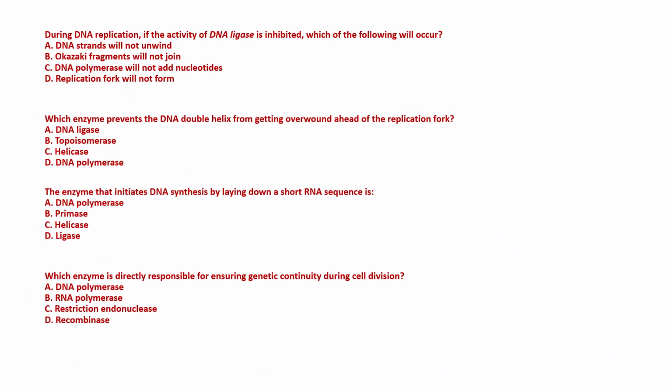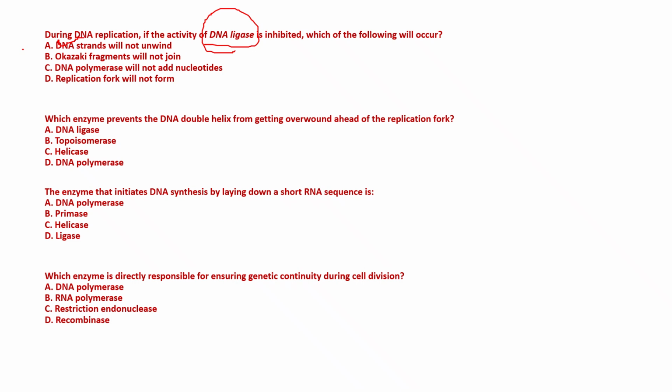Now, we'll discuss a few MCQ questions based on these enzymes. Coming to the first question. During DNA replication, if the activity of DNA ligase is inhibited, which of the following will occur? What is the function of DNA ligase? It helps in combining the fragments. Do you find any fragments in the first option?